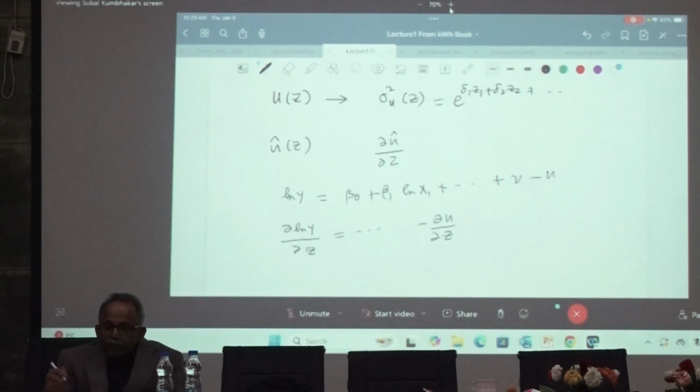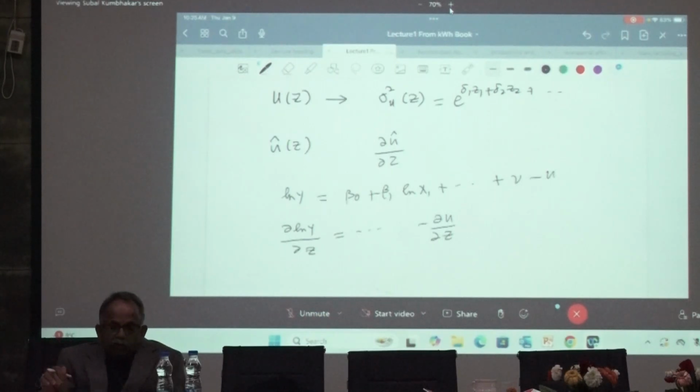So the interpretation, after estimating this, is that we are interested in the marginal effect. That means if you increase z by 1 unit or 1 percent, depending on whether it's in log or not, by how much your output will increase.